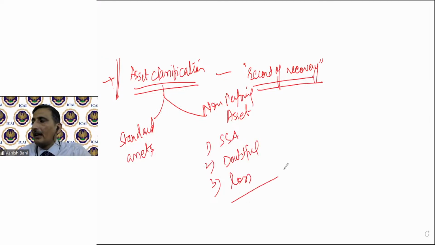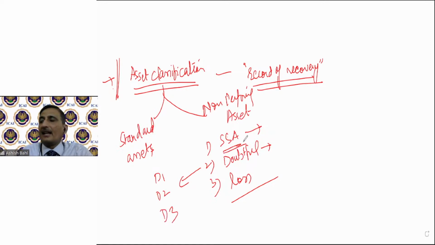You have already read about these at your intermediate level. Okay, so quickly I'll explain to you. And the doubtful is further categorized into D1, D2, and D3.